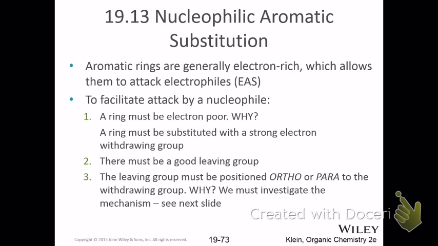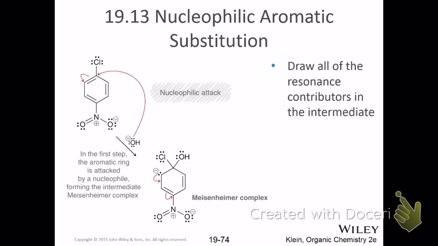Okay, so let's look at the mechanism. There's my electron withdrawing group. The nucleophile comes in. Again, it doesn't have to come in from the backside because it's planar, so it comes in from the top at an angle or the bottom at an angle. And then you get this negative charge here. And you notice what happens by resonance.